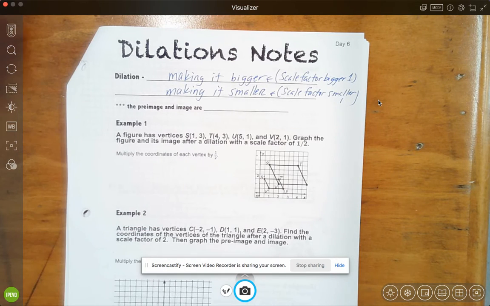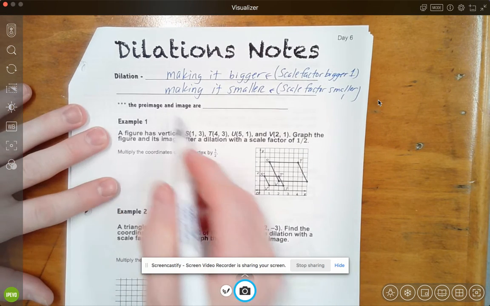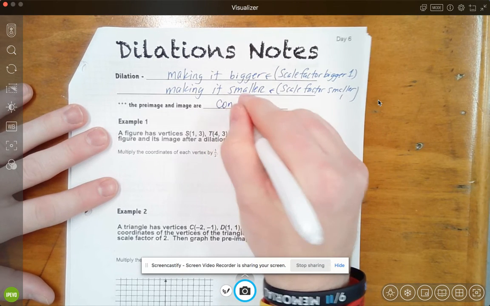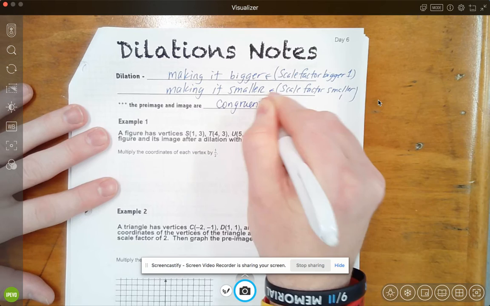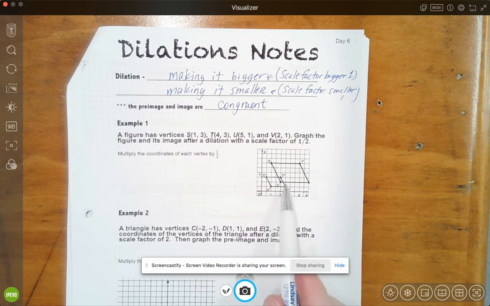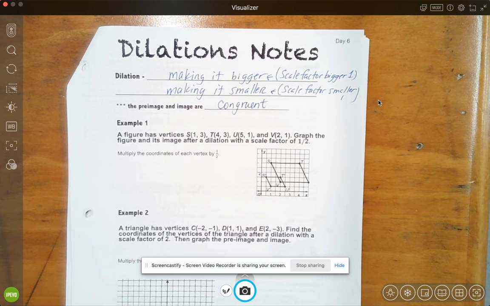It depends on the scale factor that you have. So in this case here, the pre-image and the image are not congruent because they are different shapes. Okay, they're the same shape, it's just different sizes. And you can see right here a picture in the first example there for you.